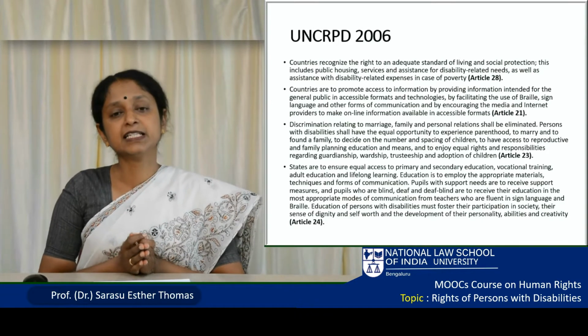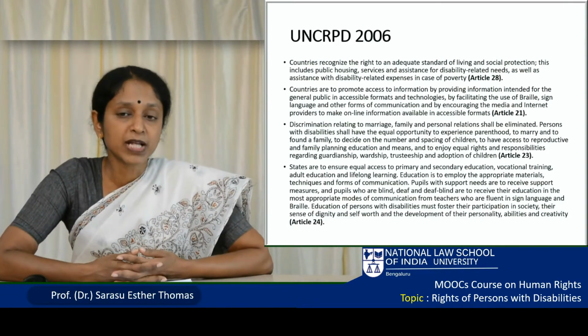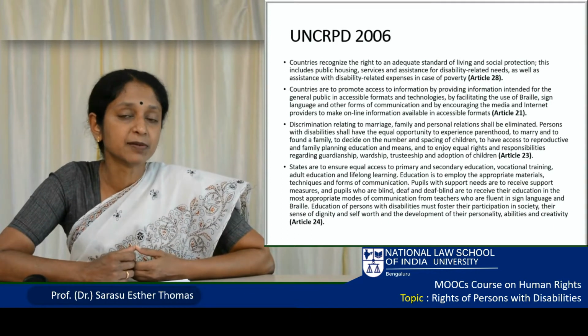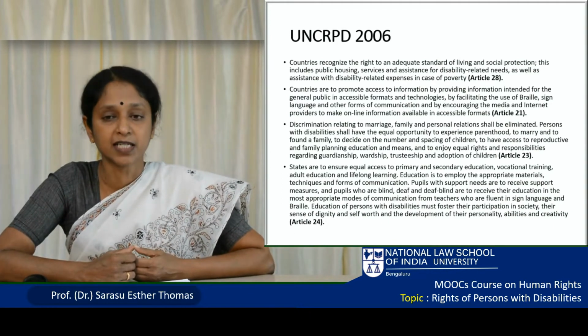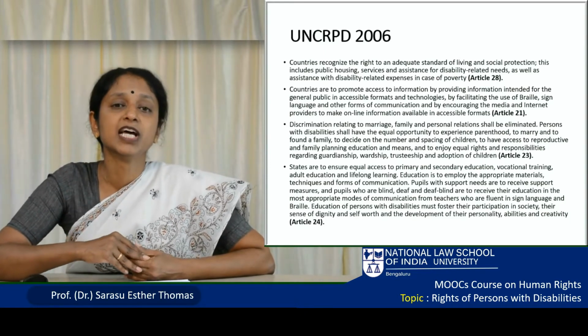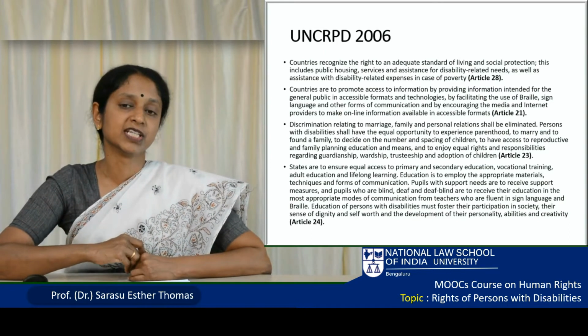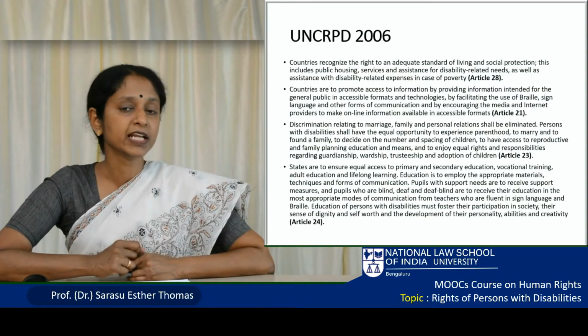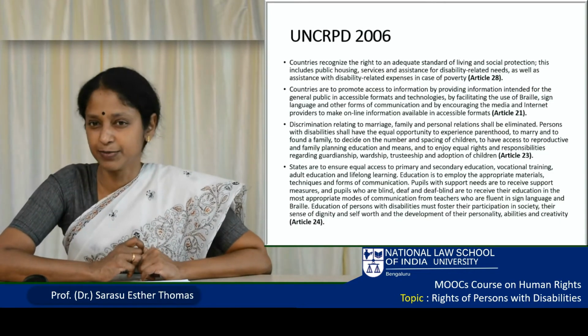We also find that countries must promote access to information by providing information intended for the general public in accessible formats and technologies, by facilitating the use of Braille, sign language, and other forms of communication, and by encouraging the media and internet providers to make online information available in accessible formats.